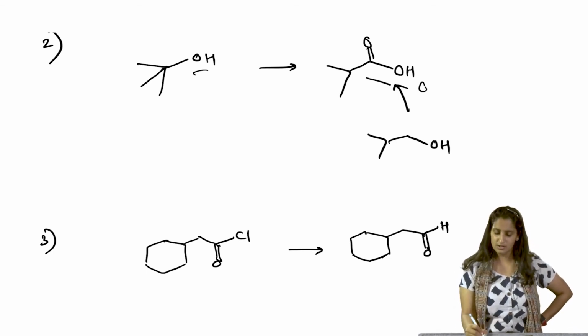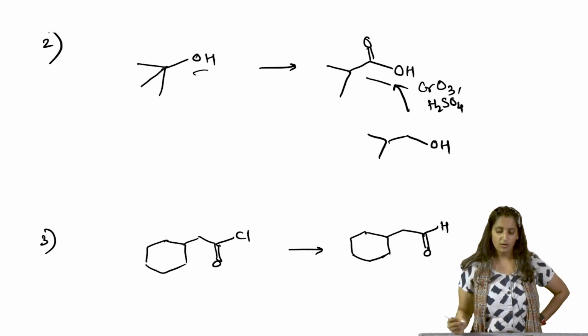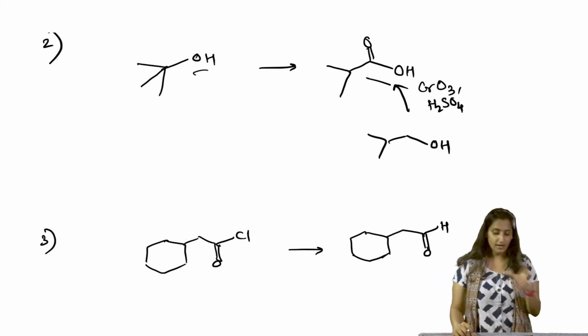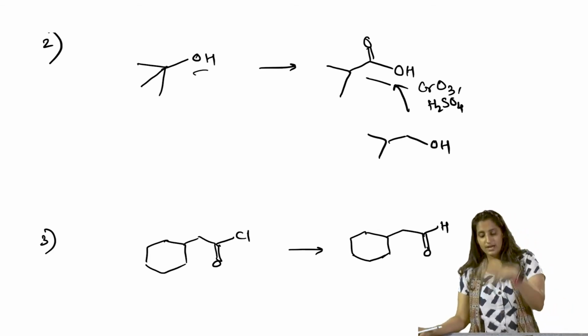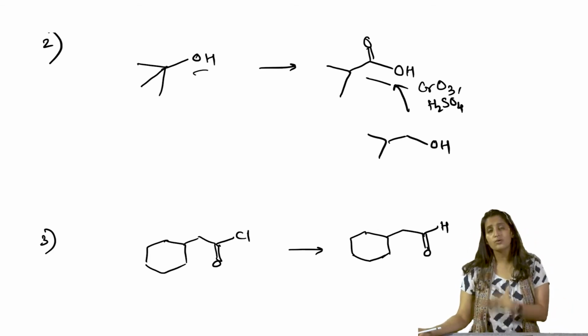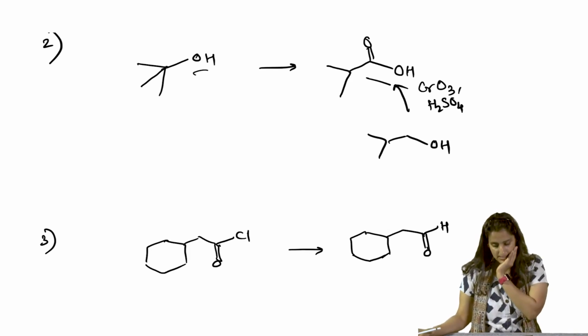Simply Jones reagent, CrO3 H2SO4, or we can use KMnO4 or some kind of oxidizing agent, is going to give me, starting from the primary alcohol, a carboxylic acid.